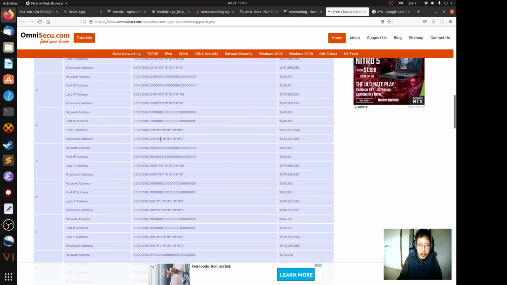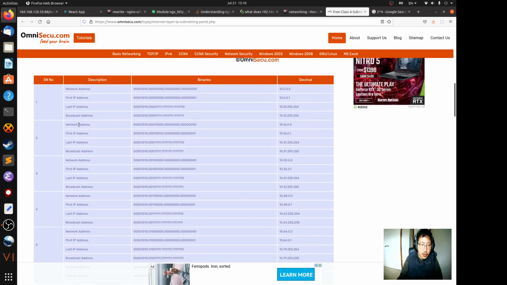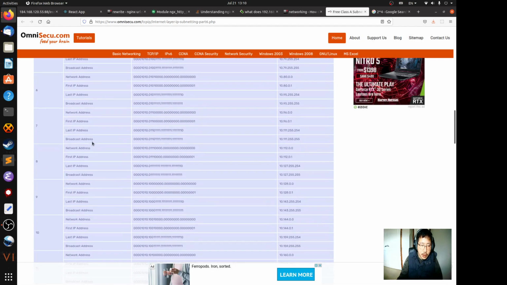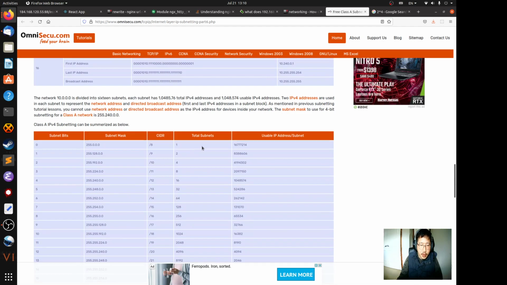The first subnet has a network address, usable IPs and a broadcast address. The second one also has a network address, usable IPs and broadcast address, and so on until the 16th subnet.